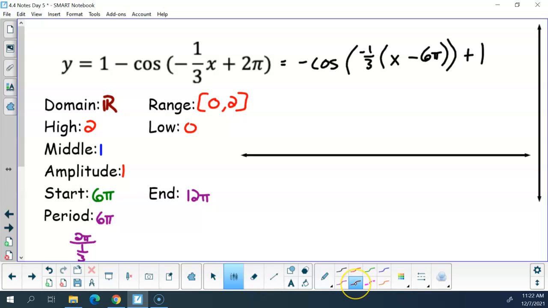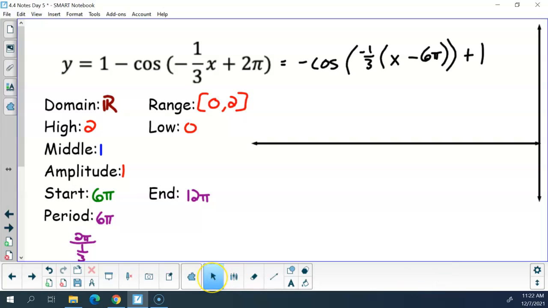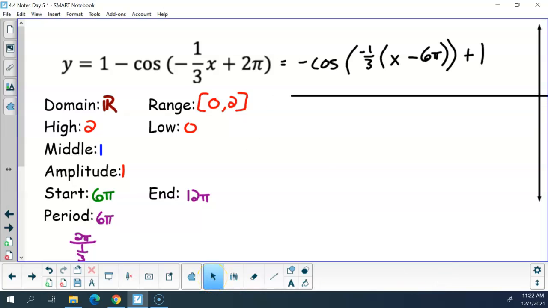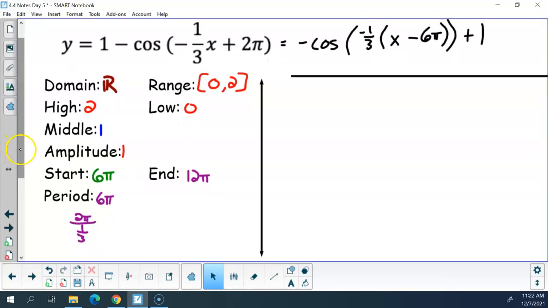It is a cosine curve, yes. Okay. So with it being a cosine curve with a negative b value, does it do anything? On the cosine, negative b?